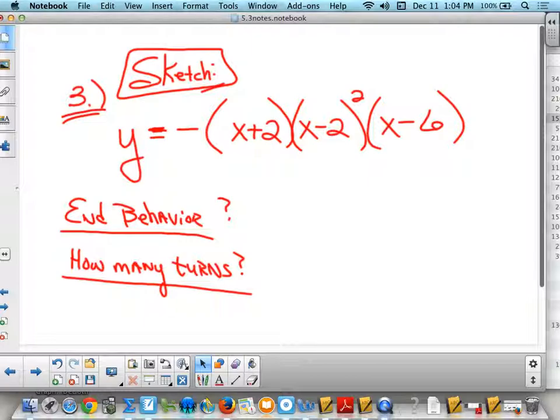Some homework? Book assignment over the weekend, yep. Quiz, homework, quiz.